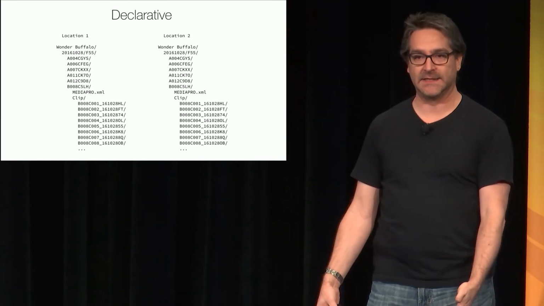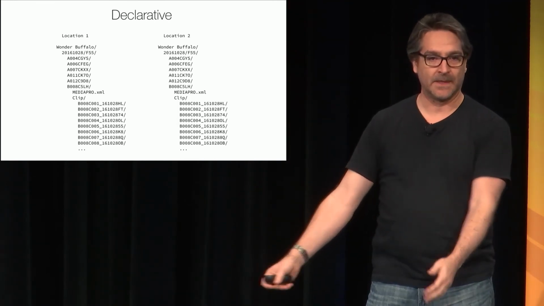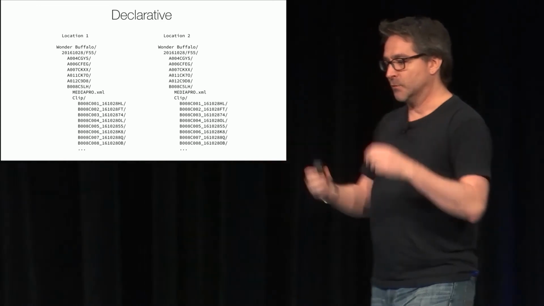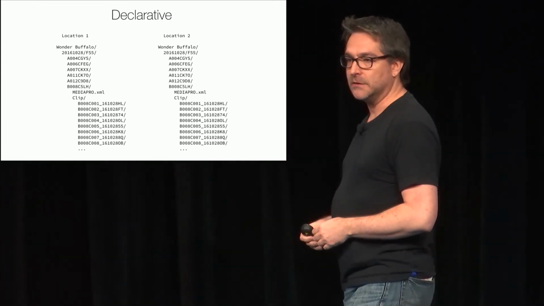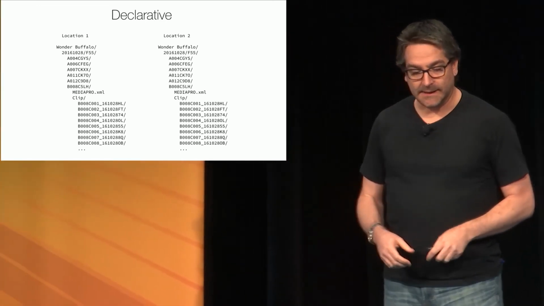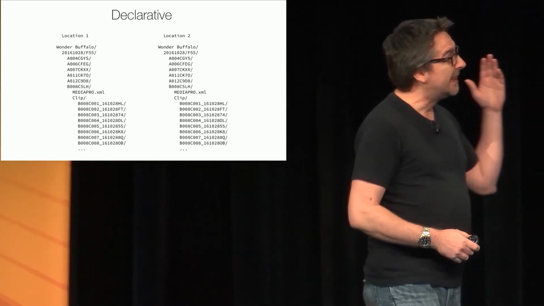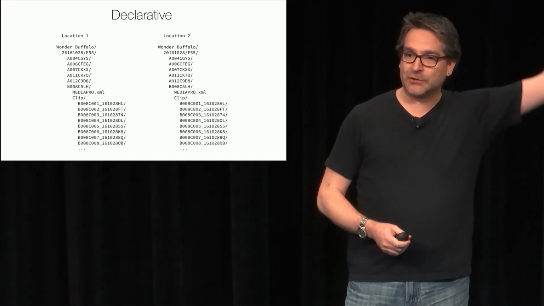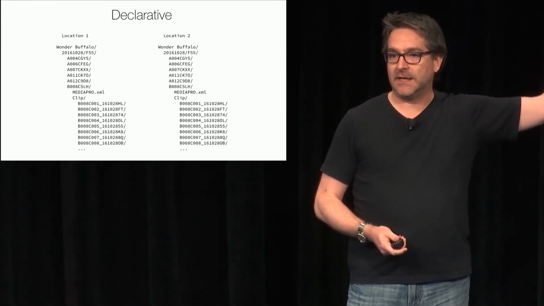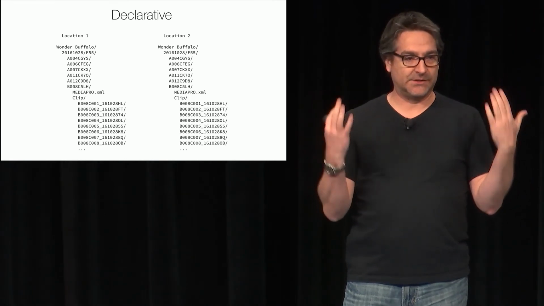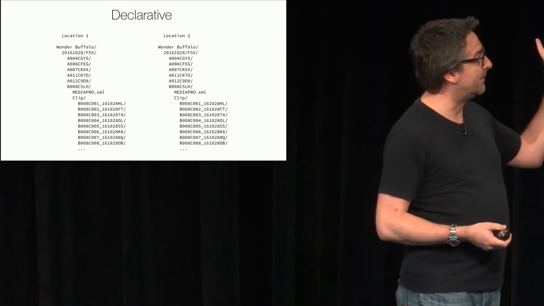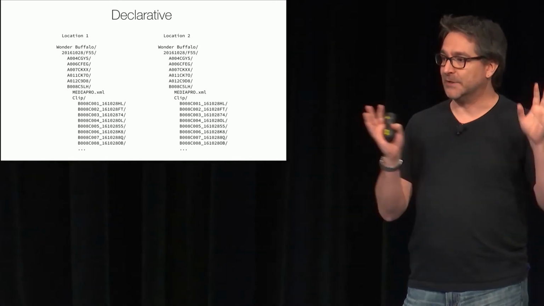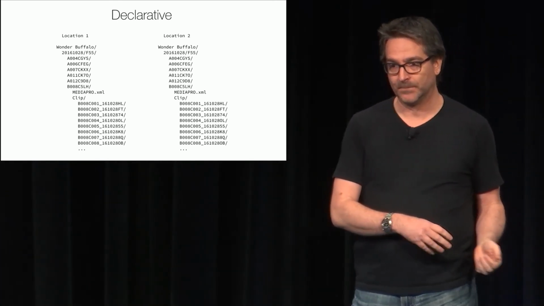Here's the list of things that I want and where they should be, right? There are probably ways you could express that in a slightly more visually easy way, but what's deceptively powerful about this is if there's one missing, you'll see it, right? You can actually see the differences, you can compare the differences, and more importantly, the machines can compare the differences.